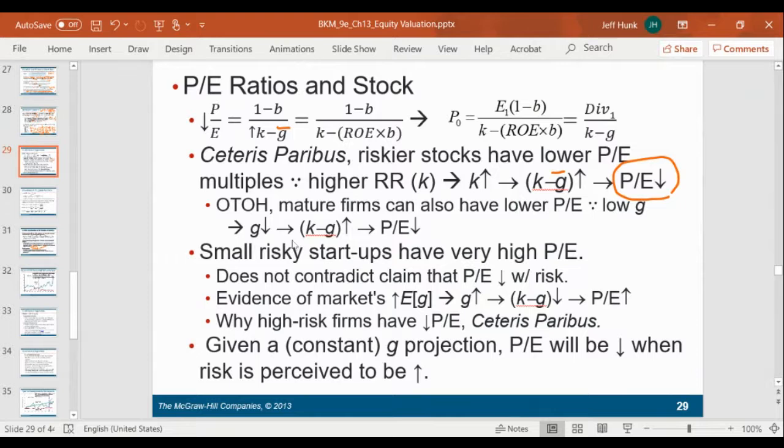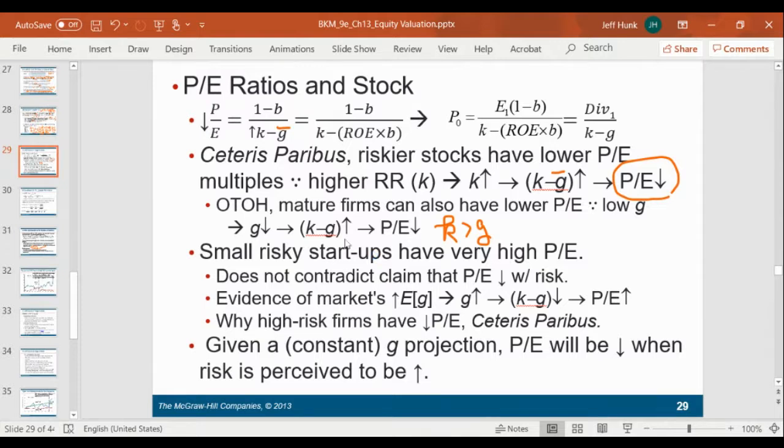And as the growth rate goes down, of course, the required return would also go down, but the required return will always be greater than g. Otherwise the whole fraction will be negative.